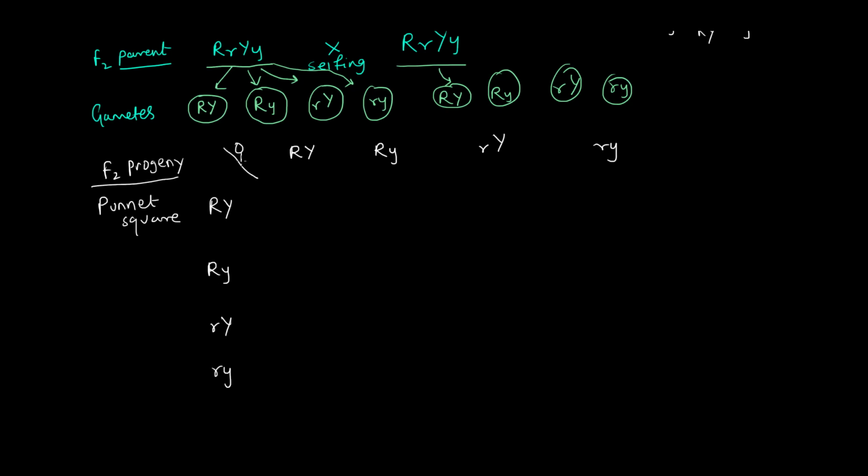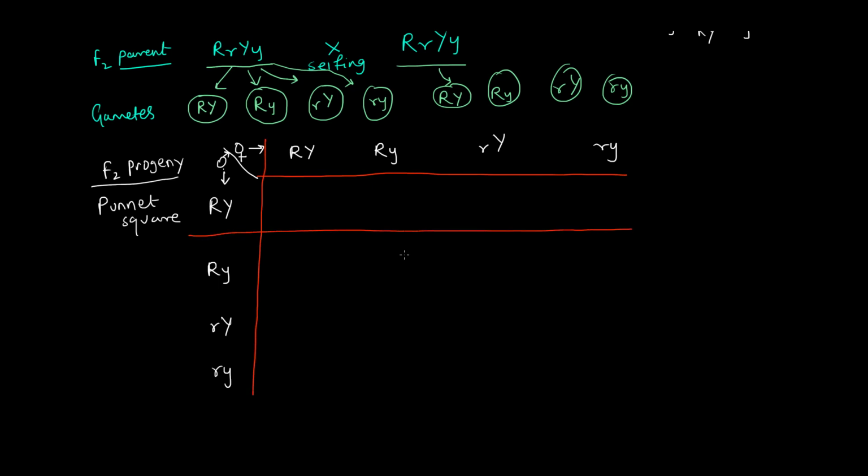Let's say it is from the female side, and this is from the male side. Here we are going to have the gametes first. In the first line, we are having all the gametes. So first we have to make the Punnett square, and then we'll go on about filling all of these.